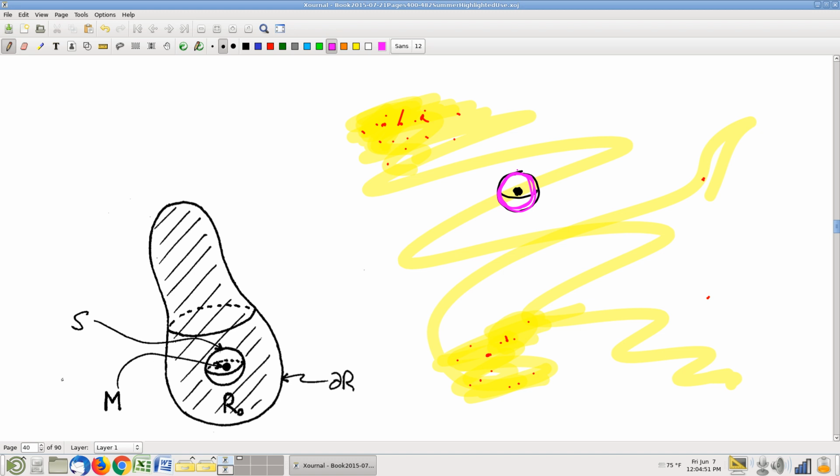You'll see why momentarily. I'm going to compute the flux through that boundary sphere.